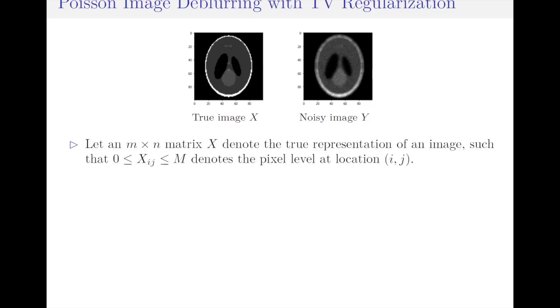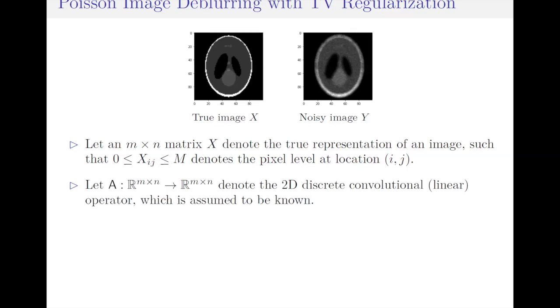Each image can be encoded as an n by n matrix, and each entry of the matrix represents one pixel of the image. This operator is a 2D discrete convolution operator. We assume that we know this linear operator, because in a lot of imaging applications people do know it.